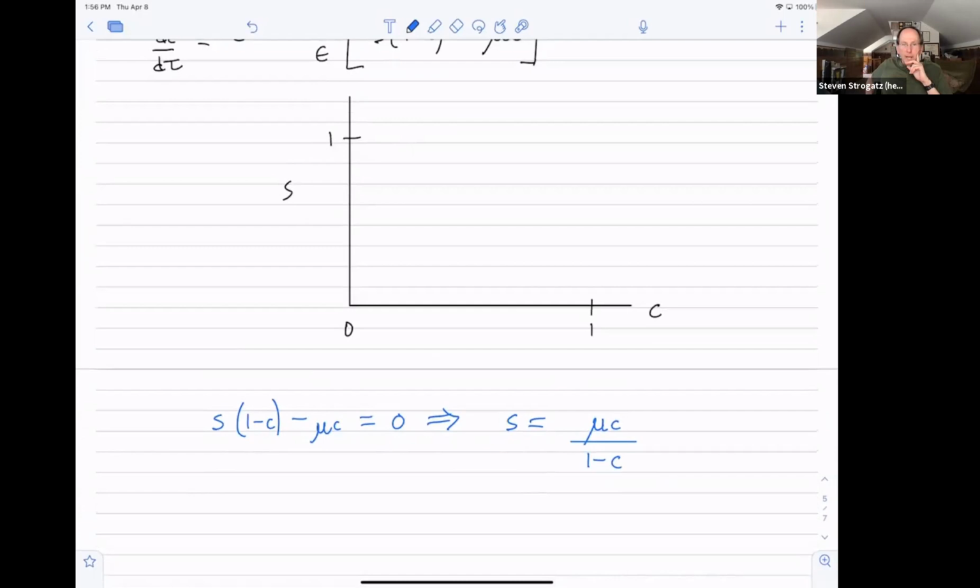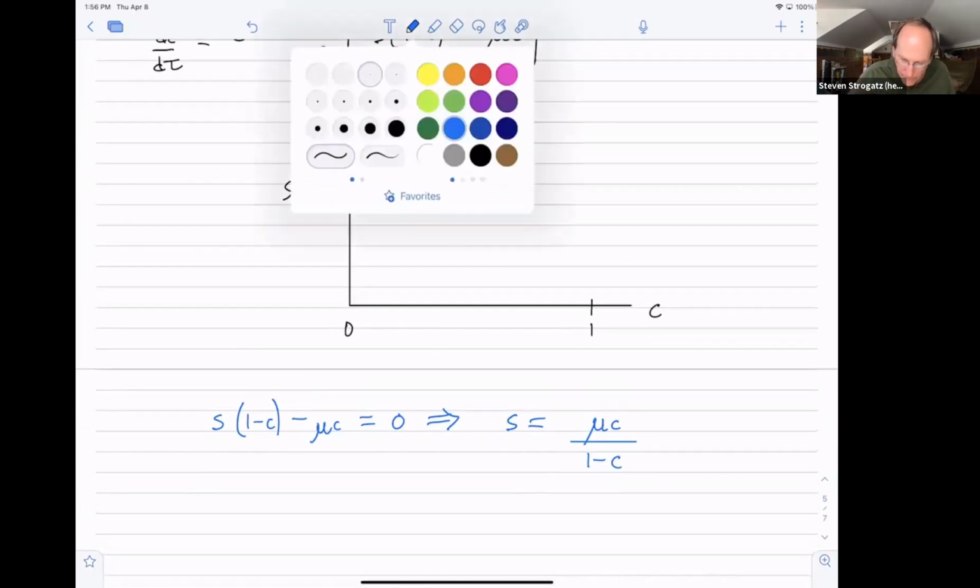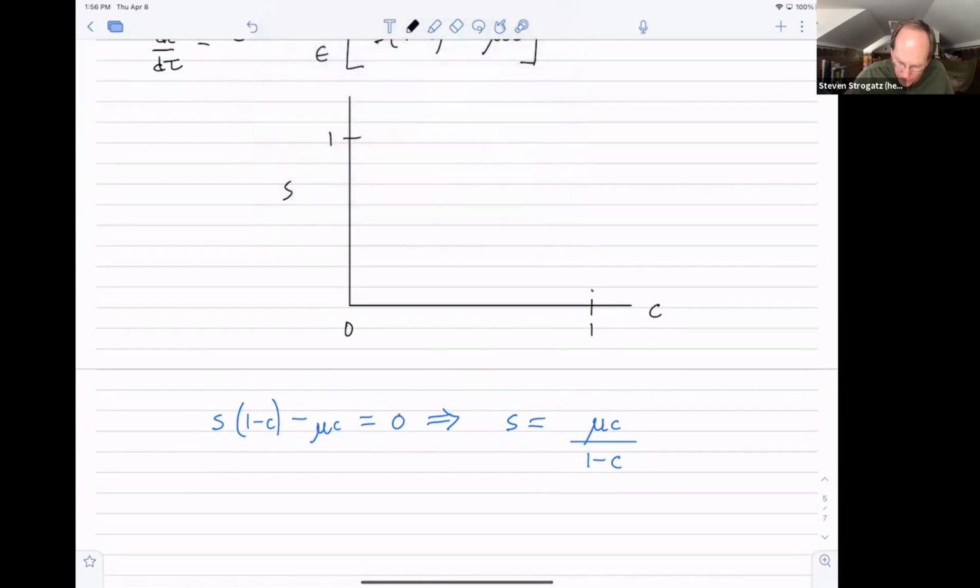Which has a vertical asymptote, you see, at C equals 1. For C near the origin, it behaves like mu C. So it behaves like a straight line.